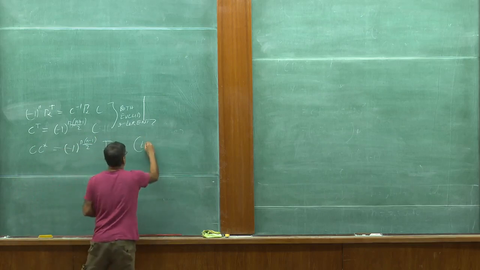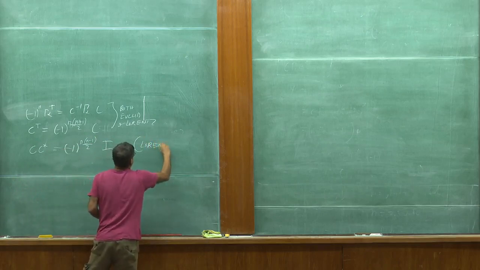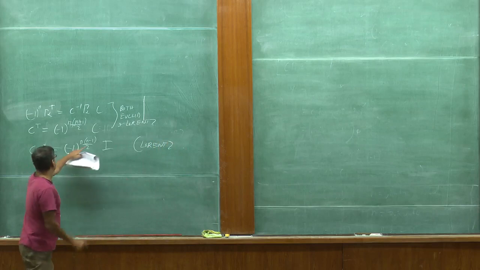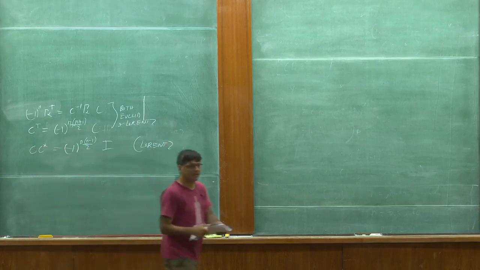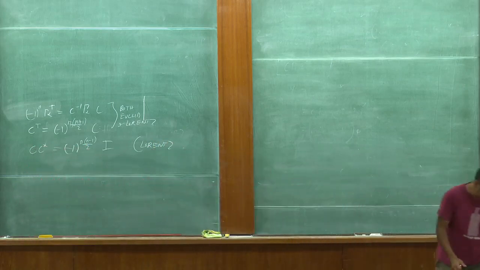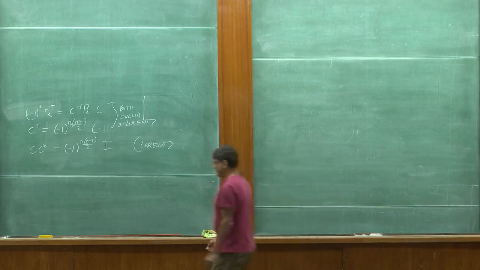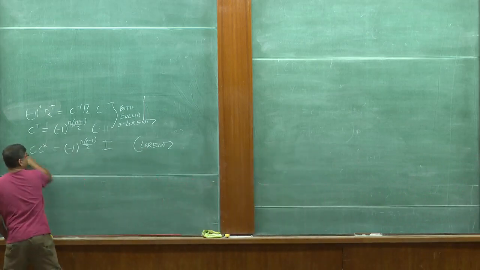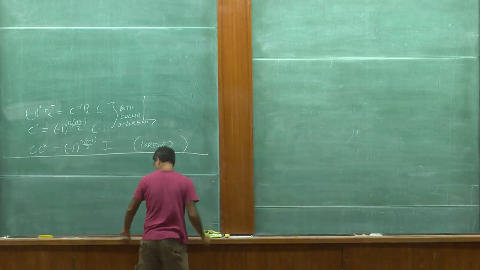This is Lorentz. We had n into n plus 1 by 2 times identity for Euclidean space. But Euclidean space will not play much of a role in what goes forward. And the second thing I wanted to remind you of was that we had this table.